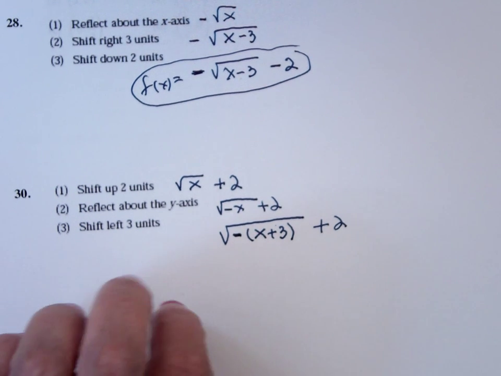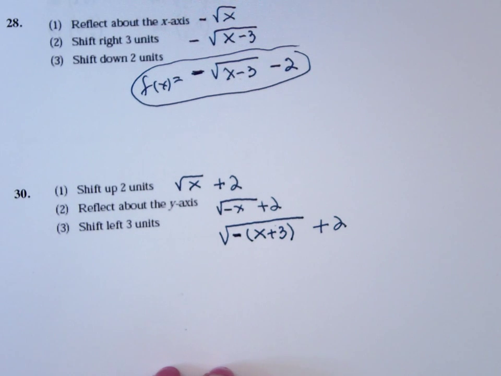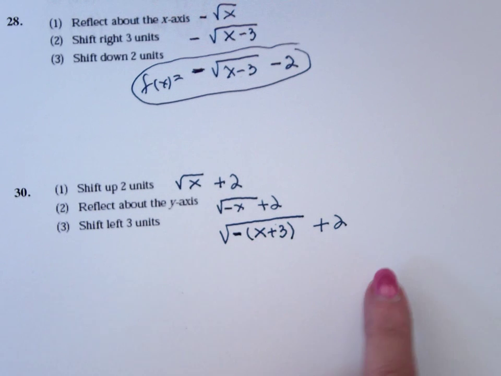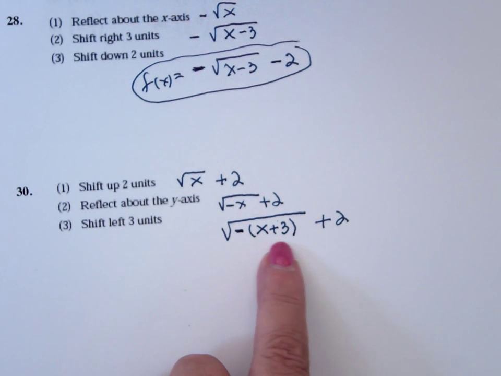So you could do a minus, but the x has to be minus. This is left, reflect, up. If you want a minus, it's going to have to be a minus 3. Then that becomes a minus 3.